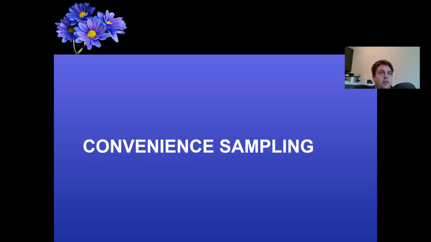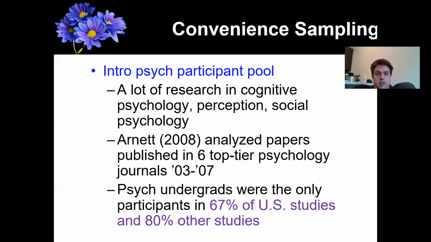This is obviously not representative, and it's not expected to be, because it's a very specific demographic of fairly young, probably above average intelligence students, probably pretty good socioeconomic status and so on. And there are other ways in which it differs.